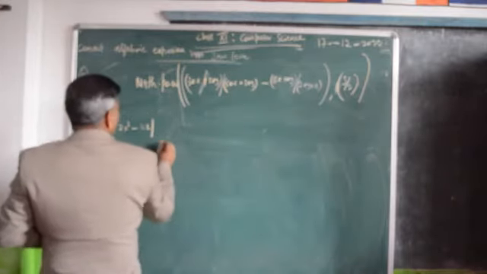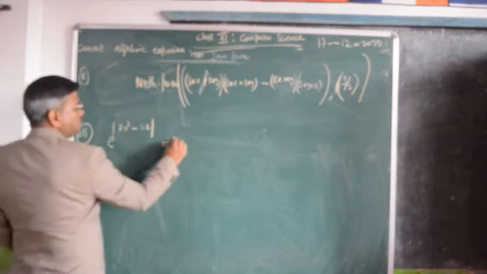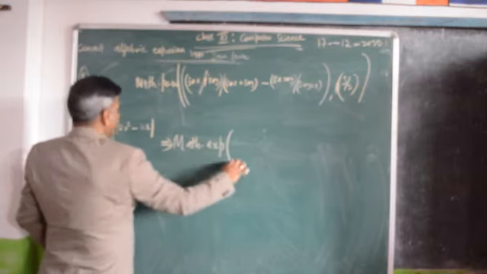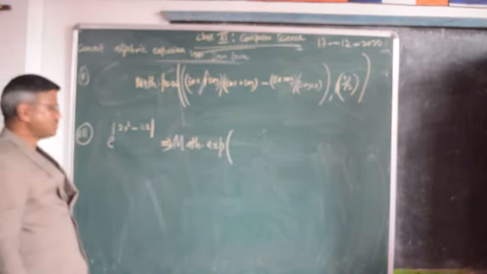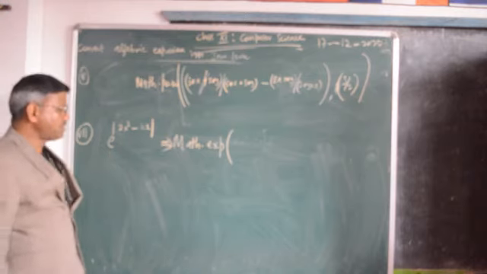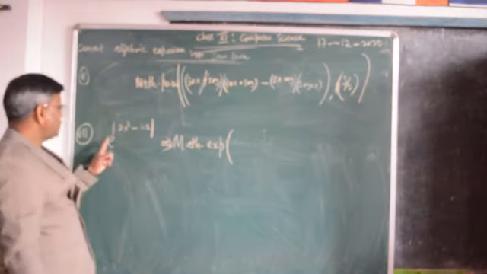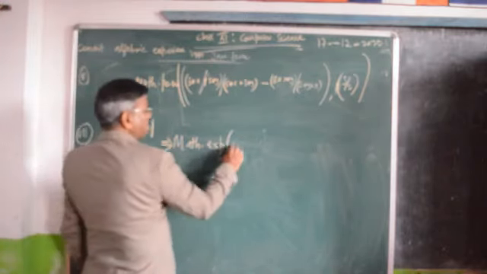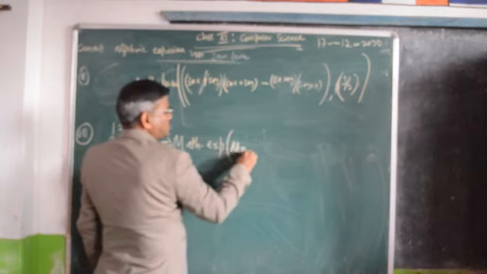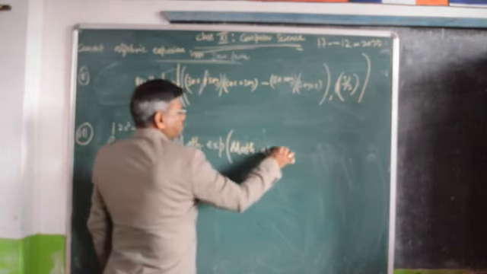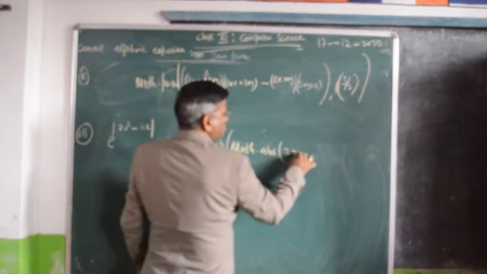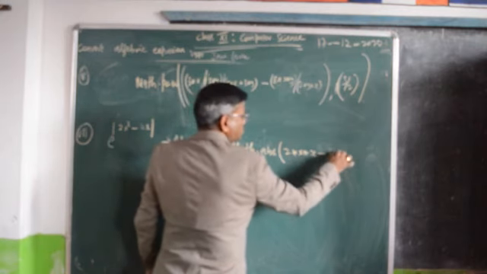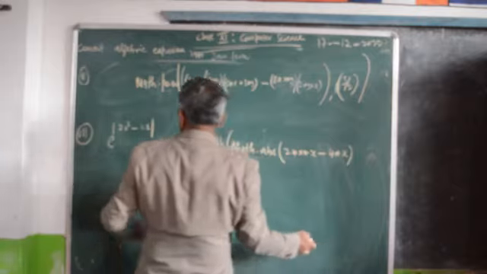Let's go to this. Whenever there is e raised to the power, you must write math.exp. Math.exp, raised to the power, math.exp. What you must do is, again, the modulus is there. Math.abs of 2 into x plus minus 4 into, look at the multiples.